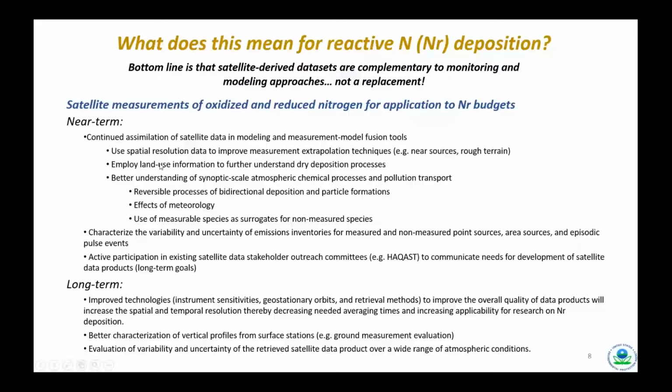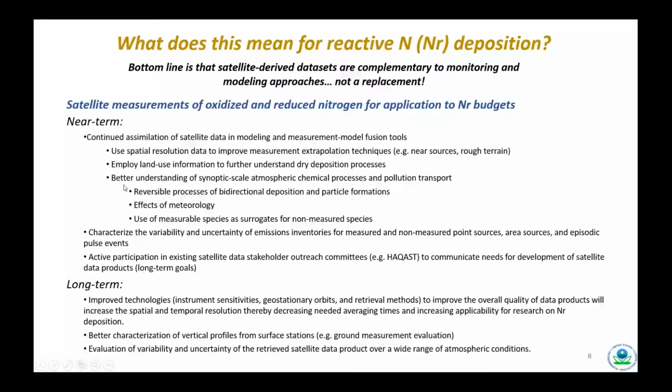So these are the knowledge gaps from the white paper, and I'll simplify these. The data assimilation of the satellite data in the modeling can be used for model evaluation and measurement-model fusion. You can do extrapolation techniques. Also the land use information. Jill and Graham were talking about remote sensing of snowfall.